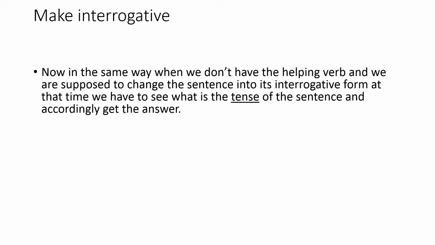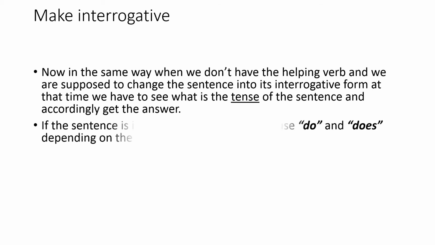Now there are no helping verbs like am, is, are, was, were, do, does, did, can, could, will, would, nothing. It is just a regular verb, not a helping verb. At that time you see the tense of the sentence. Suppose your sentence is in simple present tense. At that time you have to use do and does depending on what is the subject of our answer.